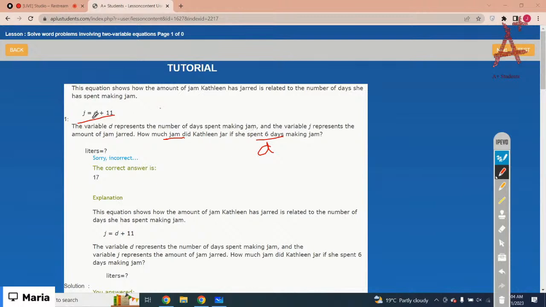Just put the value of 6 in the equation and calculate. Just replace the D with the value. D is 6, so J equals 6 plus 11. So 11 plus 6 equals 17. That means in 6 days, the total jam jarred is 17 liters. Got it?